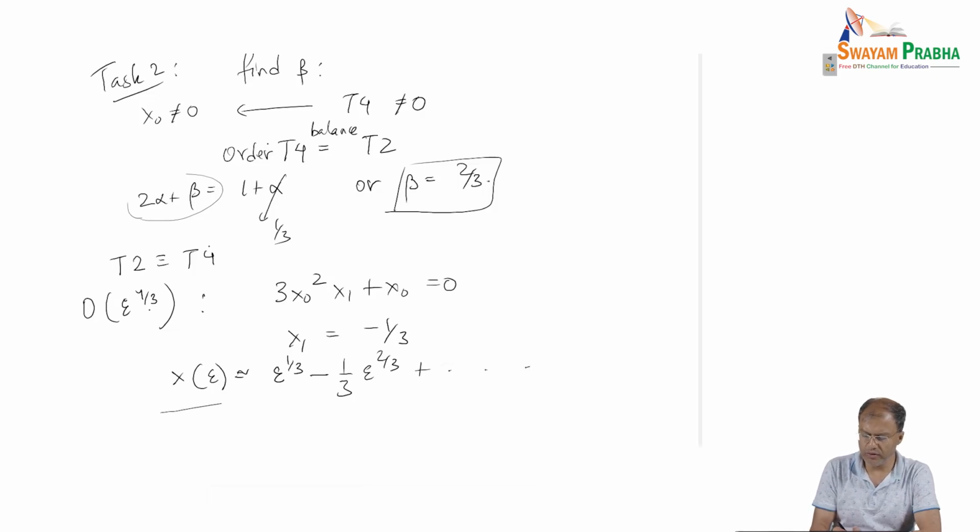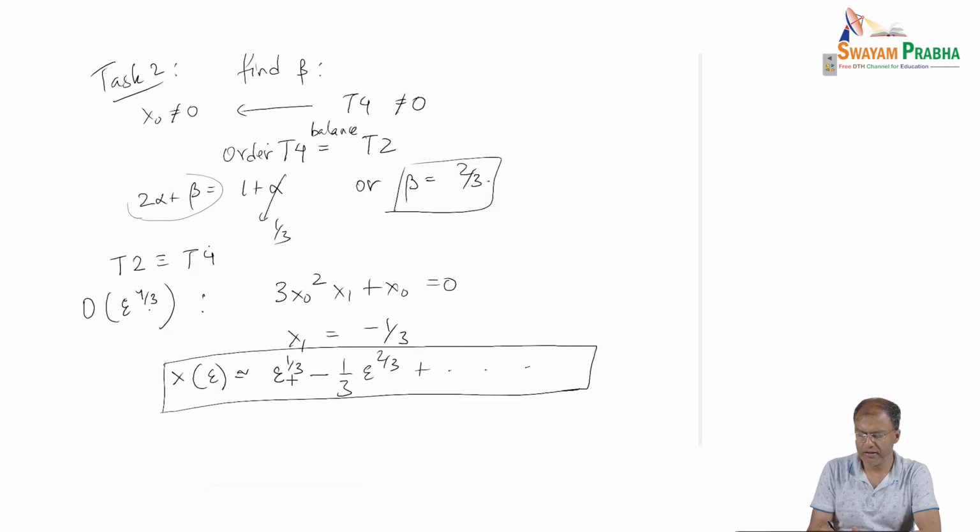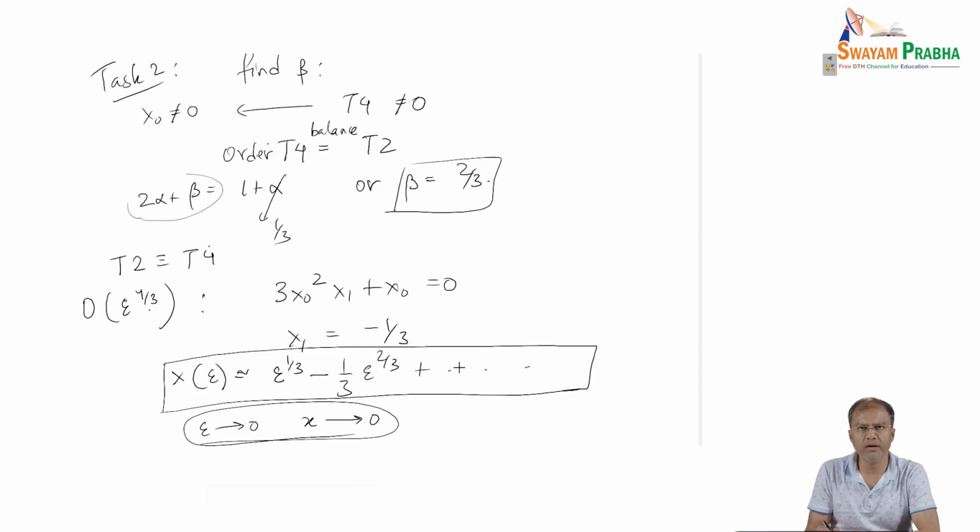So notice that using the generalized power series, where we have chosen epsilon to the power some non-integer numbers, we have been able to figure out the Taylor series expansion of the solution, right? We see that as epsilon goes to 0, our solution also goes to 0, and our expanded solution exhibits the correct characteristics for the limiting case.